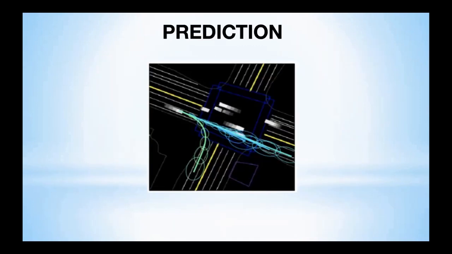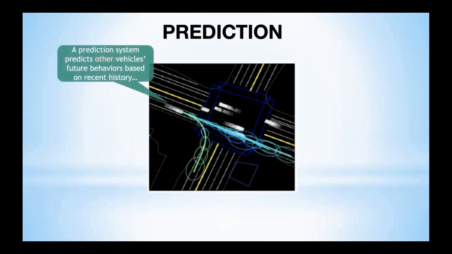Prediction. This is used to predict the behaviors of other moving vehicles, pedestrians, and moving objects. This is used for the vehicle to plan out its upcoming behaviors and upcoming moves. Over here, we have a prediction map. And if you guys could see, the darker shade is the oldest movement and the lighter shade is the most recent movement.